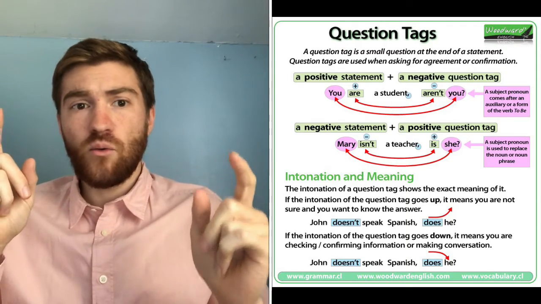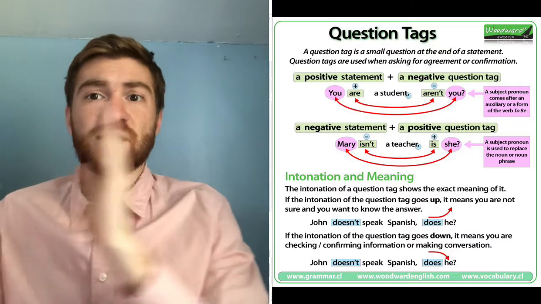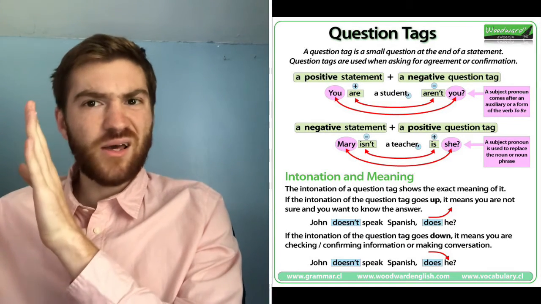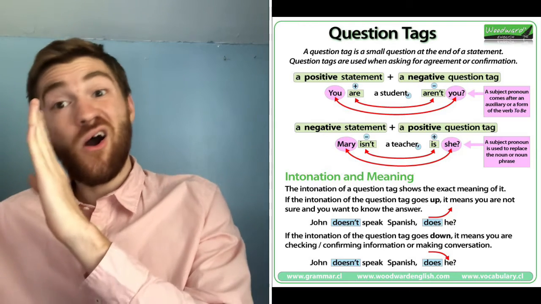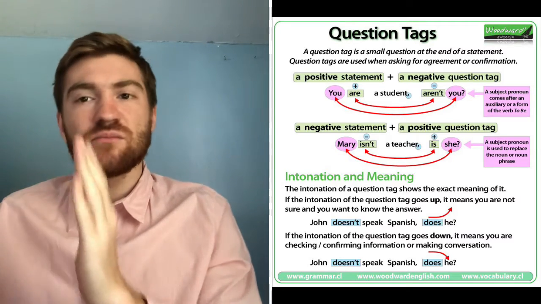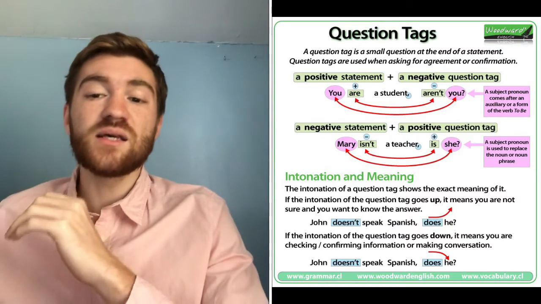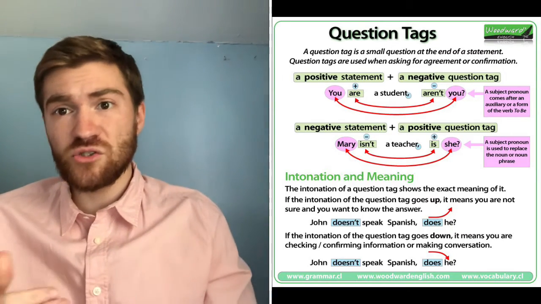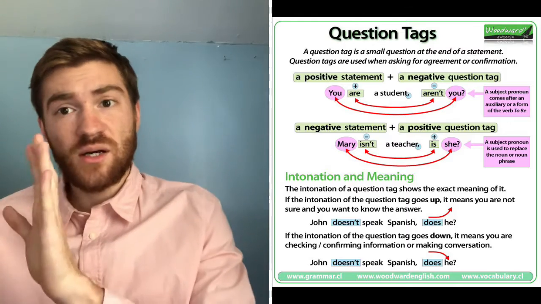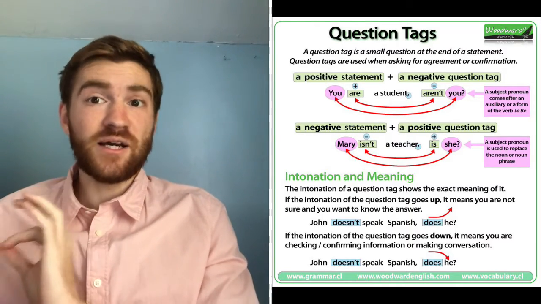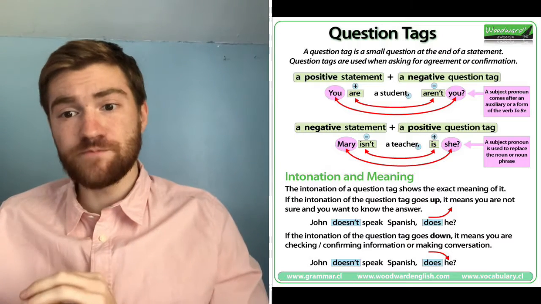Whatever your main sentence is, the tag question is either in the positive form, like "are they," or the negative form, like "aren't they," or uses different question words. So it's not just "are" or "is." I'm going to go through some other ones. Just know that if it's positive, the tag question itself is negative, the opposite of the first part.